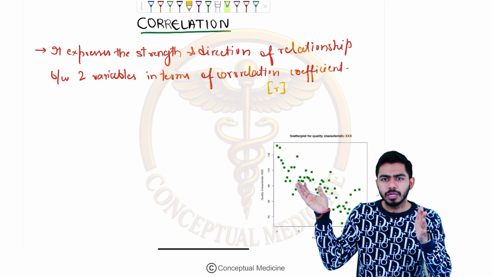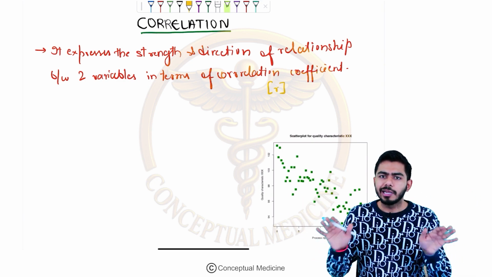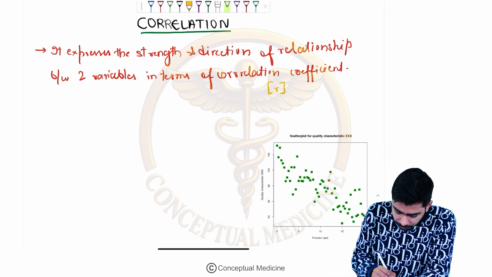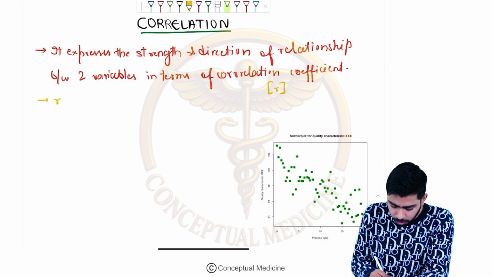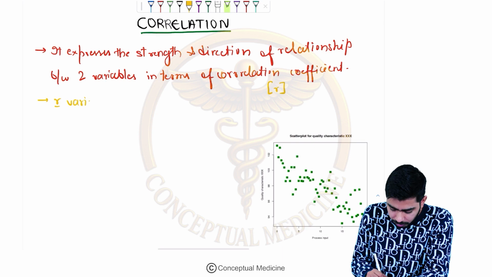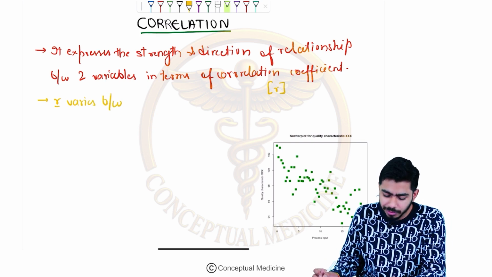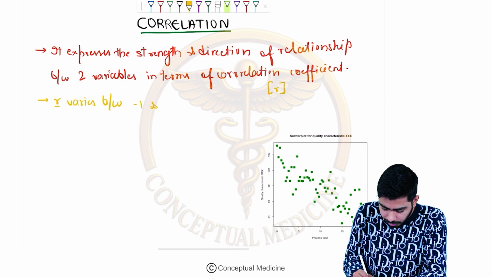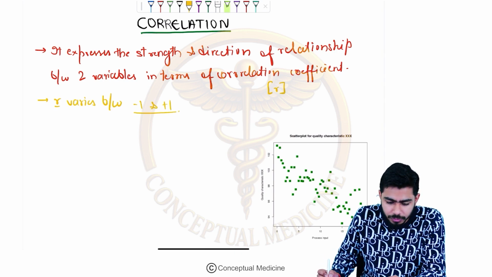So above +1 and below -1 will be termed an irrelevant calculation as far as the correlation coefficient is concerned. So small r varies between -1 and +1. Please do remember this particular range for the correlation coefficient.